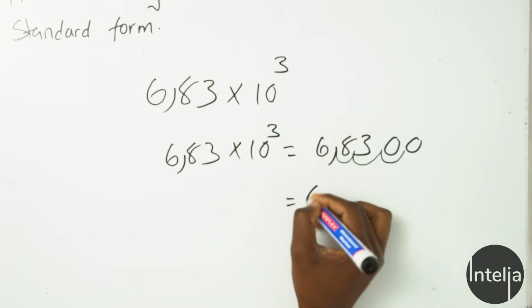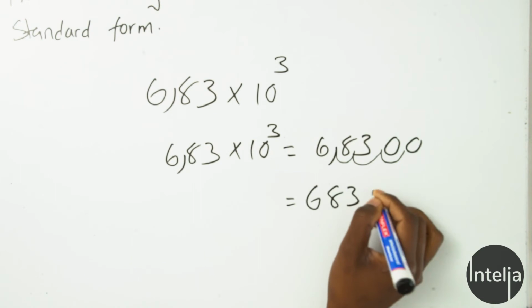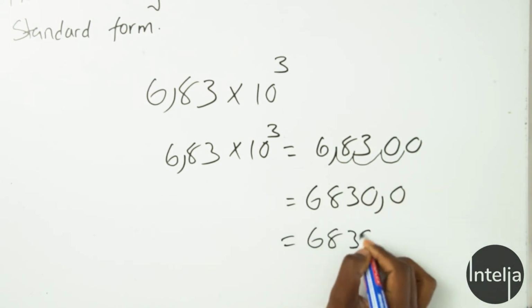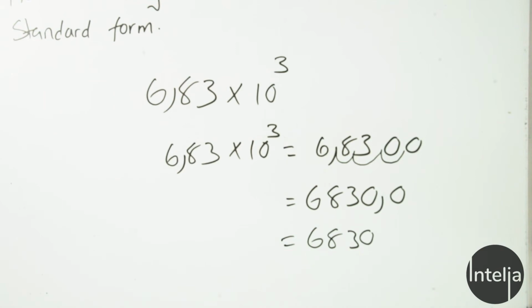So your answer will be 6830,0, or you just leave it like 6830, like this. So this is how you do your standard form.